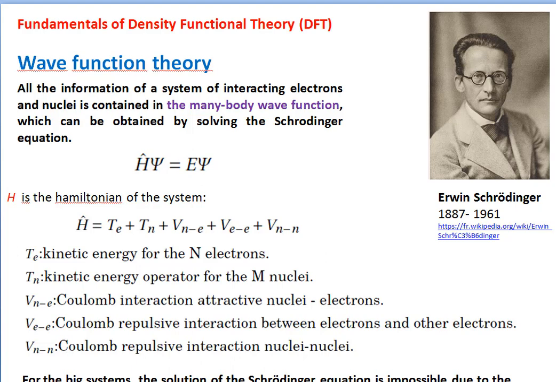functional theory. This theory is based on the resolution of the Schrödinger equation, H psi equals E psi. Here we can see the Hamiltonian, which is the addition of several terms: the kinetic energy of electrons, the kinetic energy of nuclei, the Coulomb interaction between nuclei and electrons, the Coulomb interaction between electrons, and the Coulomb repulsive interaction between nuclei.